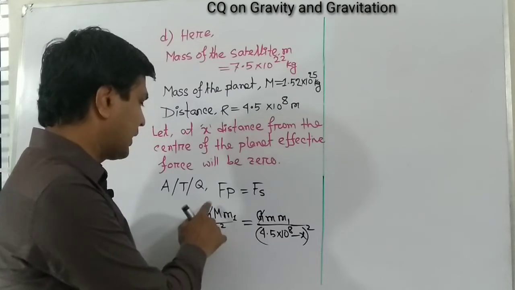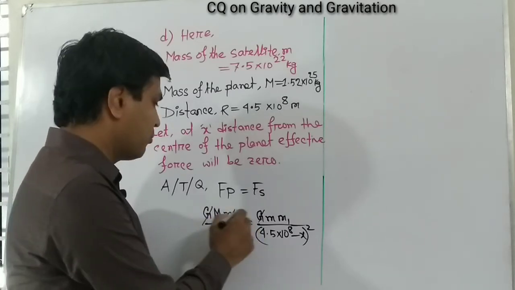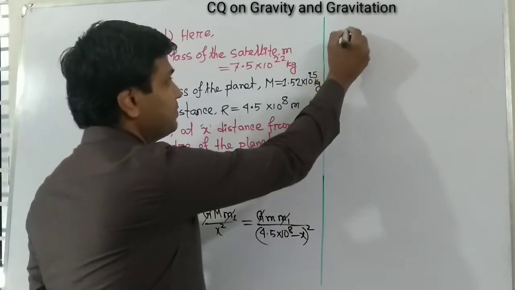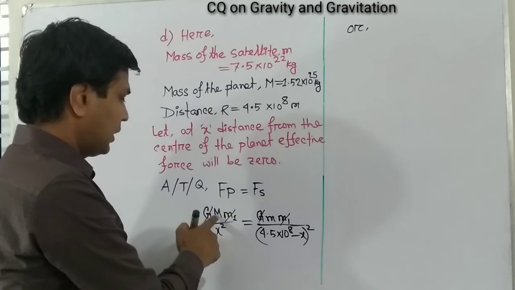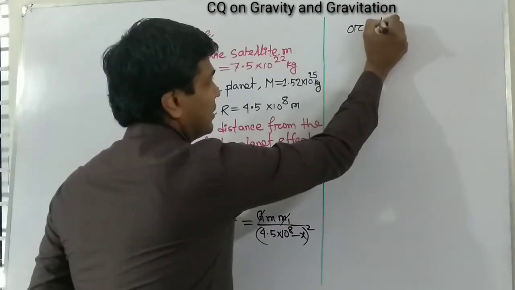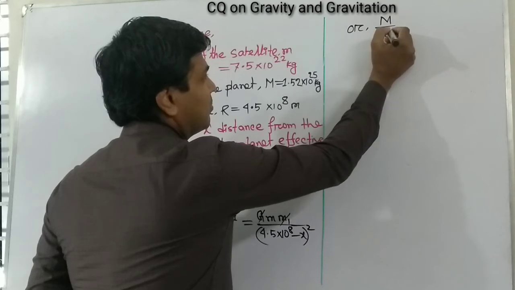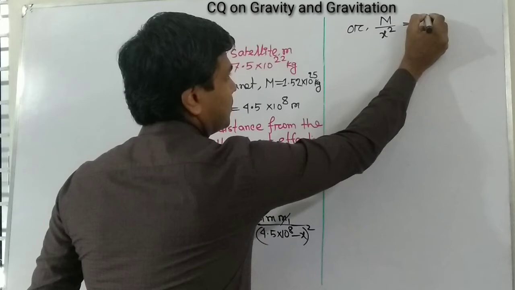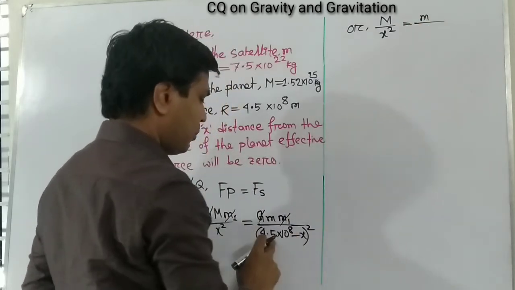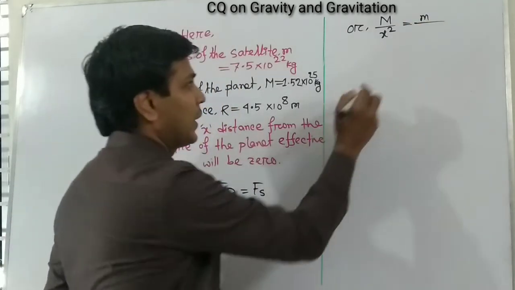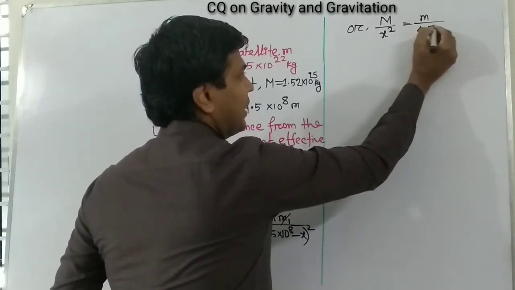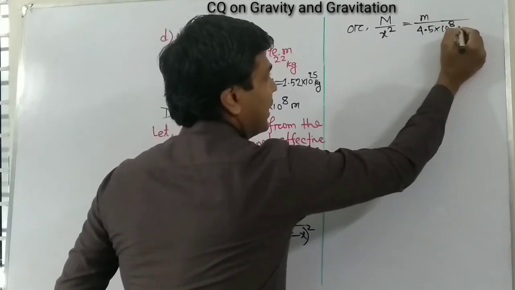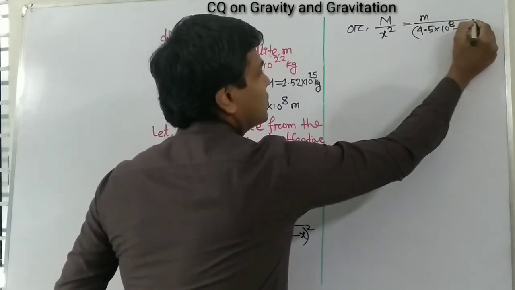Now from both sides we cancel out capital G and M1. Then our expression will be capital M by x square equals small m divided by 4.5 into 10 to the power 8 minus x whole square.